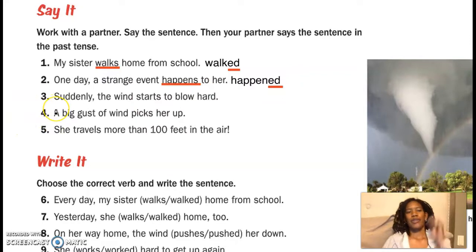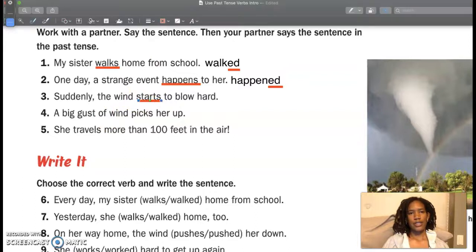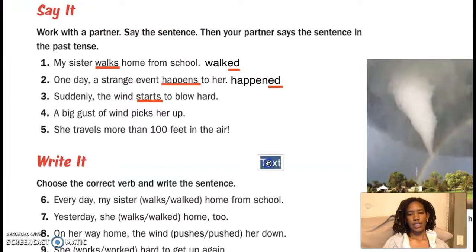All right. Number 3, suddenly the wind starts to blow. What's the verb? If you said starts, you are correct. All right. And we're going to change our verb to past tense. So we have start plus ed, started. And we have our ed ending.